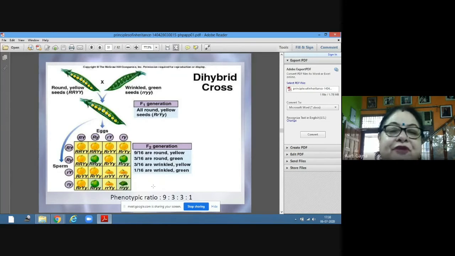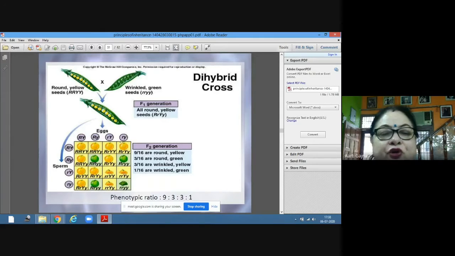What would be the gametes of capital R, small r, capital Y, small y? Find out, make the gametes of this. 4 gametes can be formed: capital R, capital Y; capital R, small y; small r, capital Y; and small r, small y.